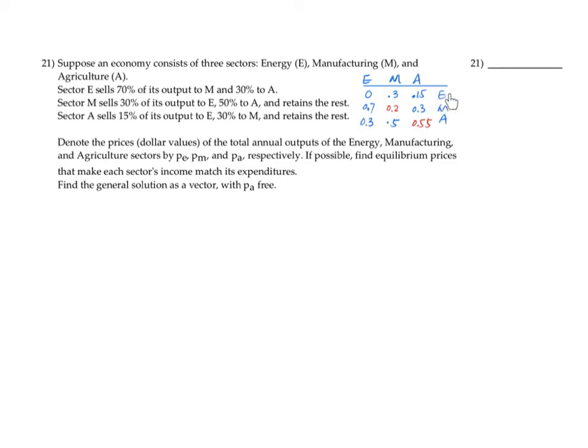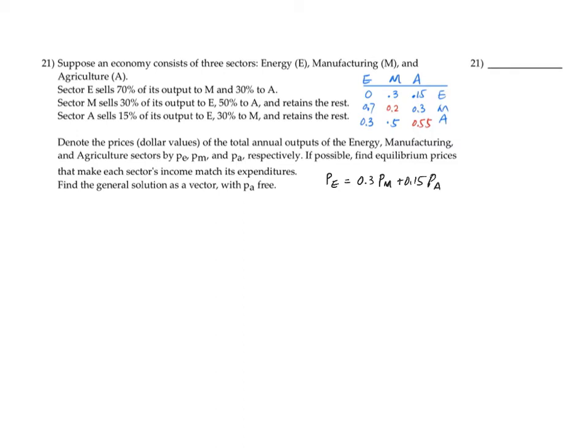For the energy sector, this is the total for this energy, right? So therefore, PE is going to equal 0.3 PM, the price from this manufacturing sector, plus 0.15 PA.